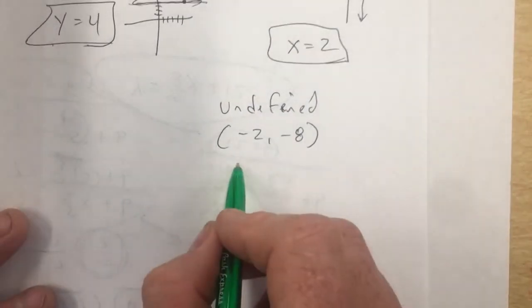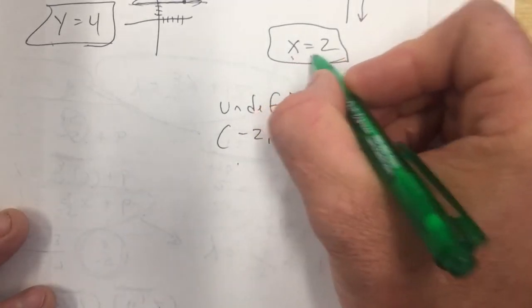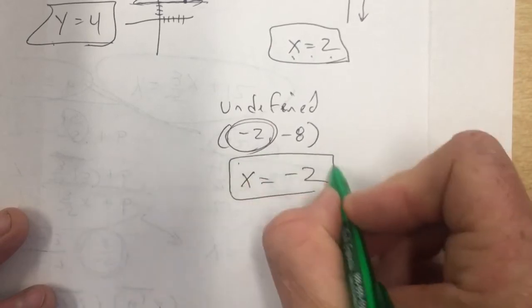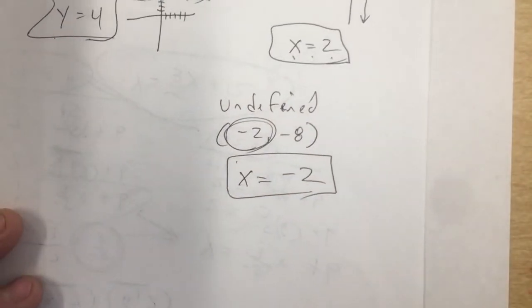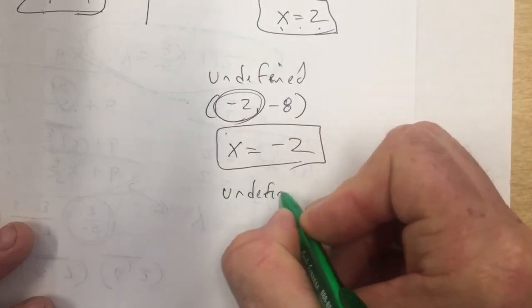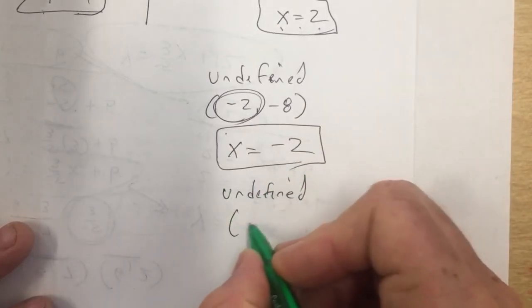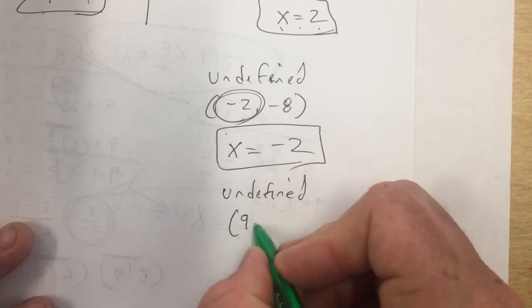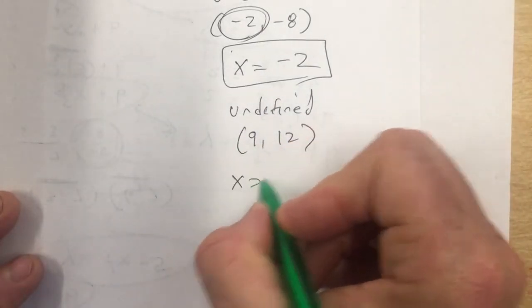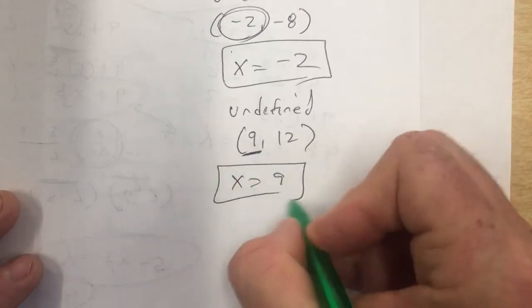Okay, it's undefined. It's going to be x equals a number. Well, here's my x number right there. This is x equals -2, and that's all you do. It's real simple. What about if it's undefined and it goes to this point here, 9, 12? Well, it's going to be x equals my x value there, 9.